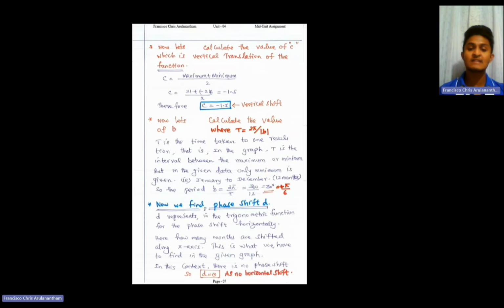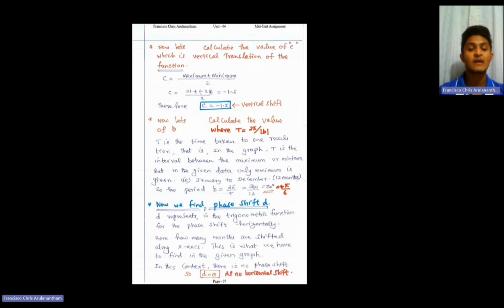But in the given data, only minimum is given. That is January to December, 12 months. So b is equal to 2 pi over T, which is 360 over 12, equal to 30 degrees, equal to pi over 6.